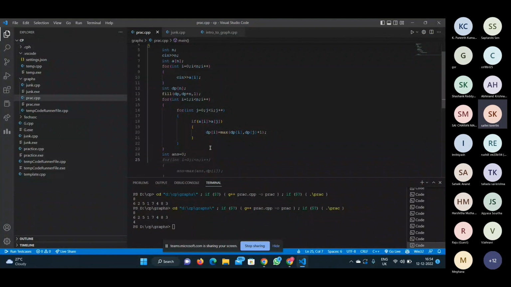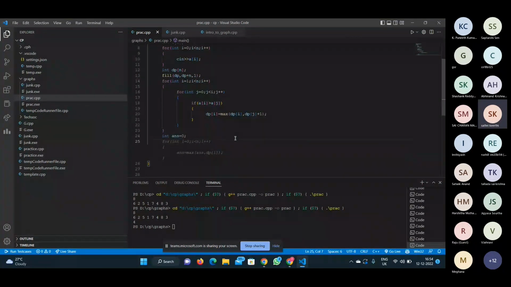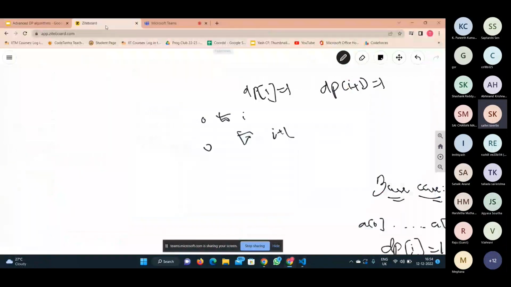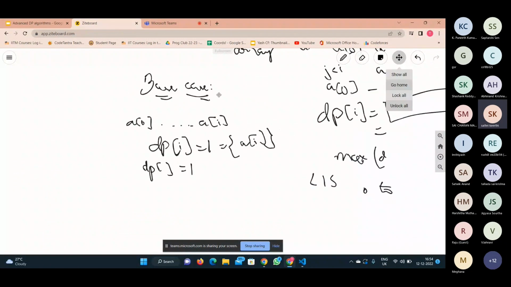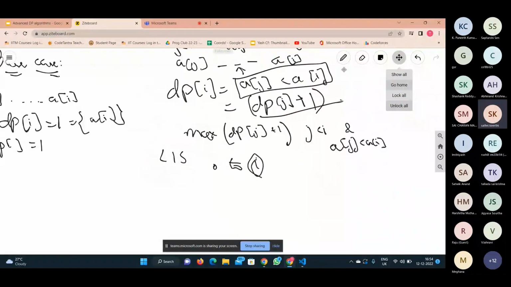And let's say ans is our final answer. For int I equal to 0 to n, this is just finding the maximum value of all possible values of dp of I. Observe that this is the main point. Our final answer is the maximum value of our array dp. Our longest increasing subsequence might end with any of the n terms.